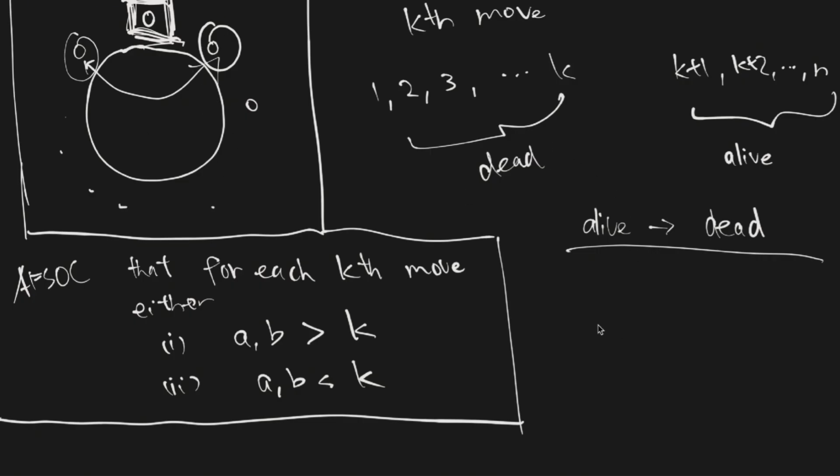I don't know why I call it heat map, it is just interesting. But anyways, each time exactly one of the things transforms from alive to dead. And there's also a condition for this thing transforming. Its two neighbors must either be both alive or both dead.